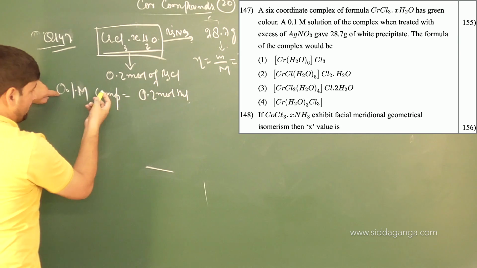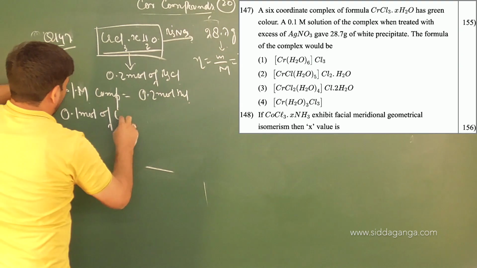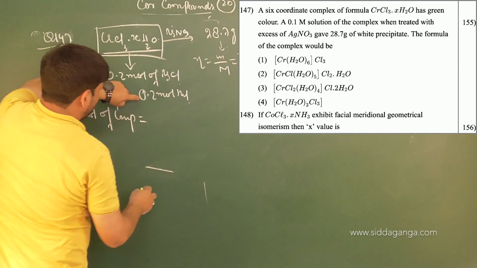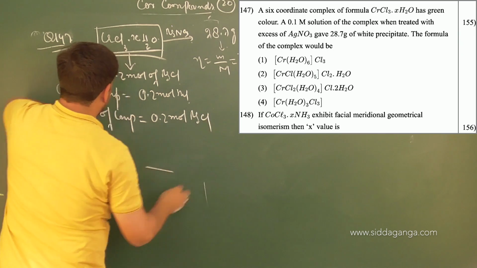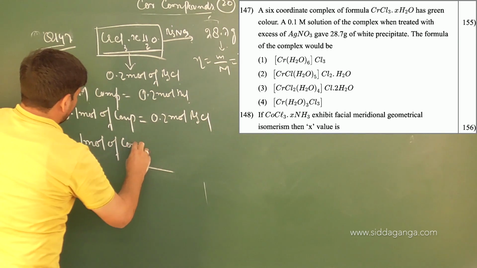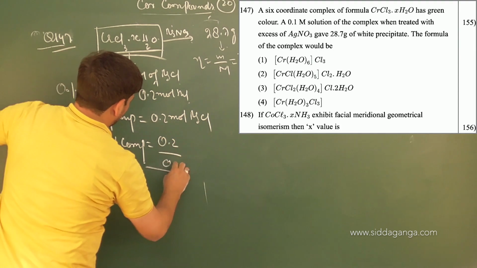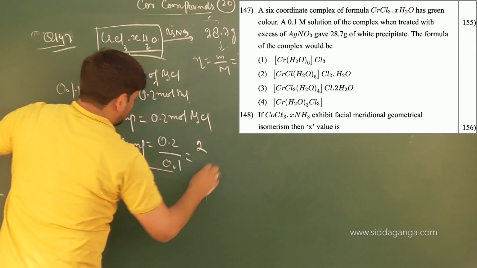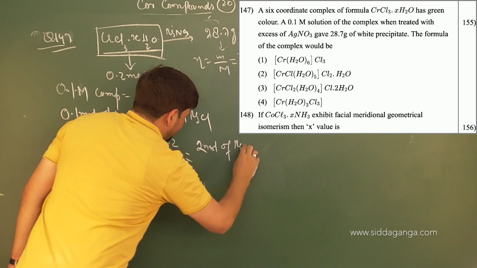That 0.1 molar complex means what? 0.1 mole of complex is giving you 0.2 moles of AgCl. Tell me, 1 mole will give you how much? 1 mole of complex will give you how much? 0.2 divided by 0.1. That is how much? 2 moles of AgCl.